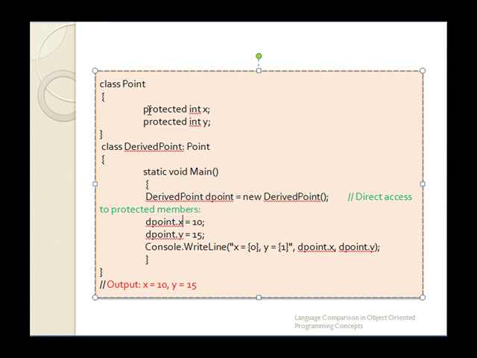Depoint.x means we can access this protected data, and depoint.y is equal to 15. When we simply type this program and compile, you can see the output like this. Okay, next we move on.